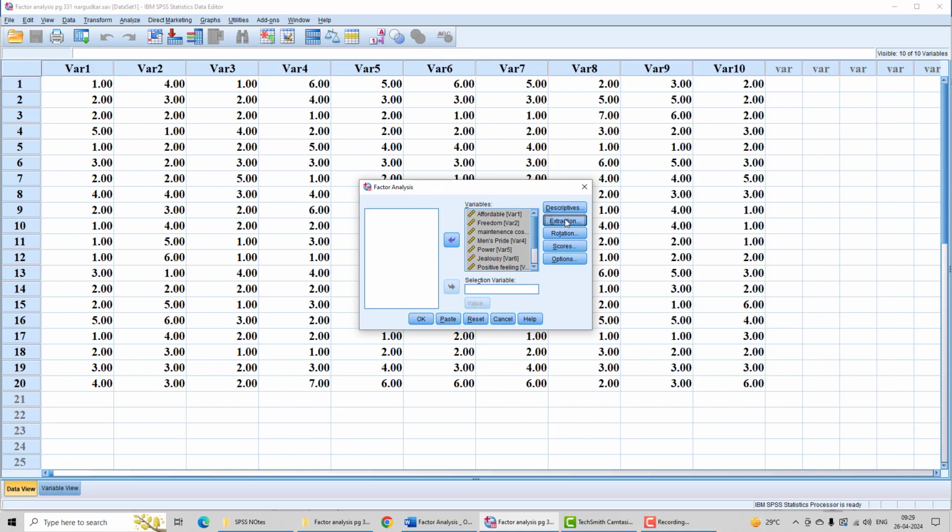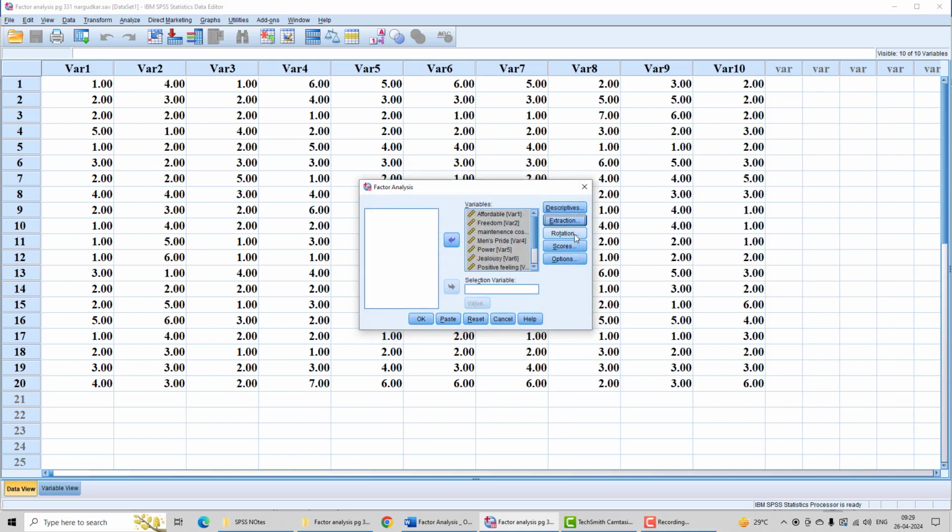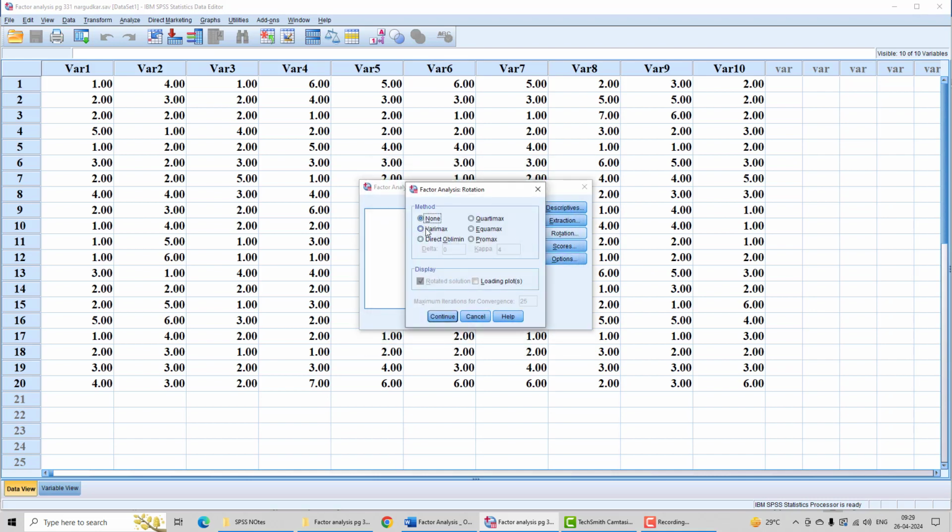In Extraction let it remain as principal components, with the eigenvalue cutoff of 1, and maximum iterations you can increase up to 100. Rotation also, you can go for Varimax rotation, and here also go for 100 iterations.